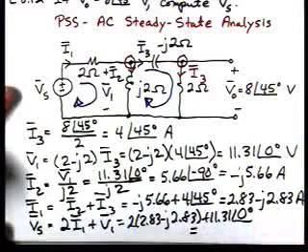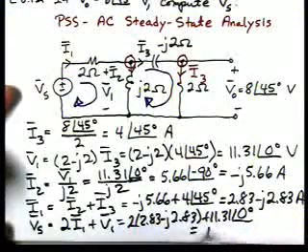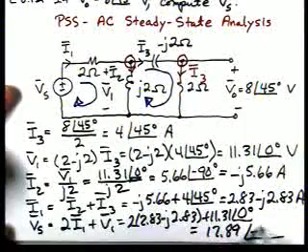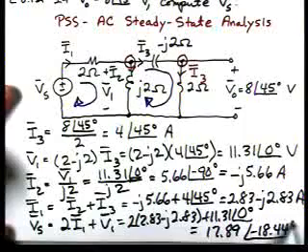For Vs, that gives us 17.89 at an angle of minus 18.44 degrees.